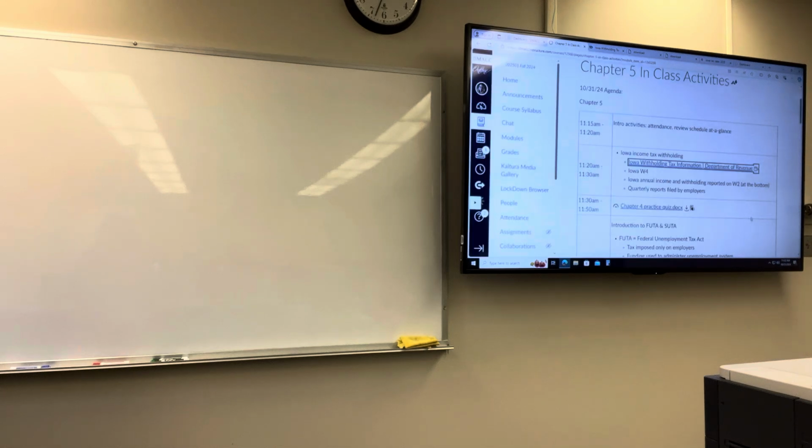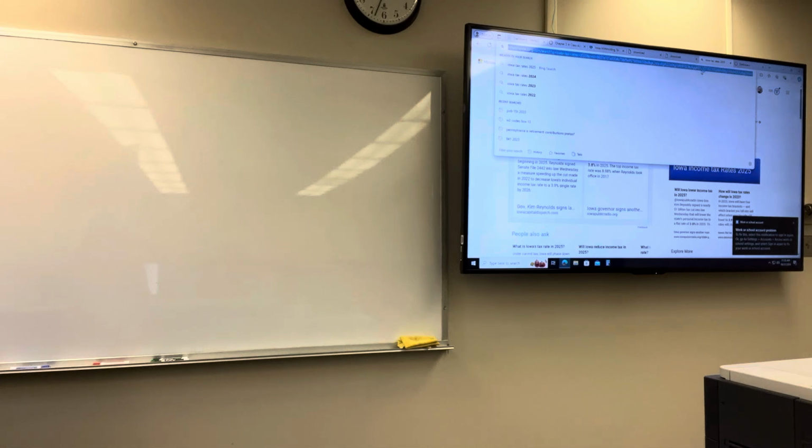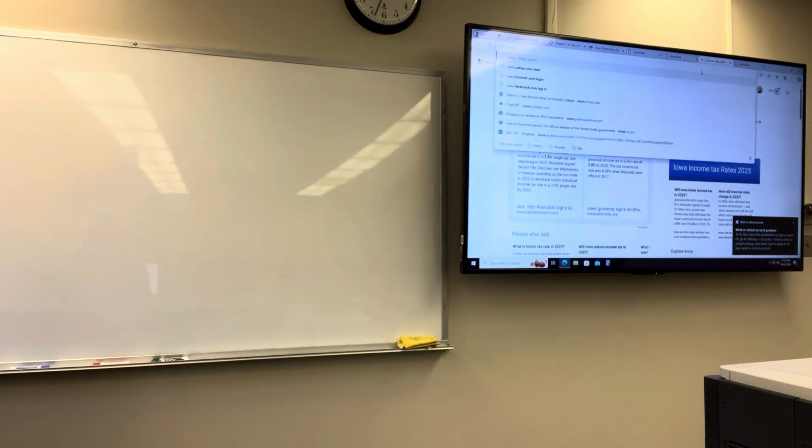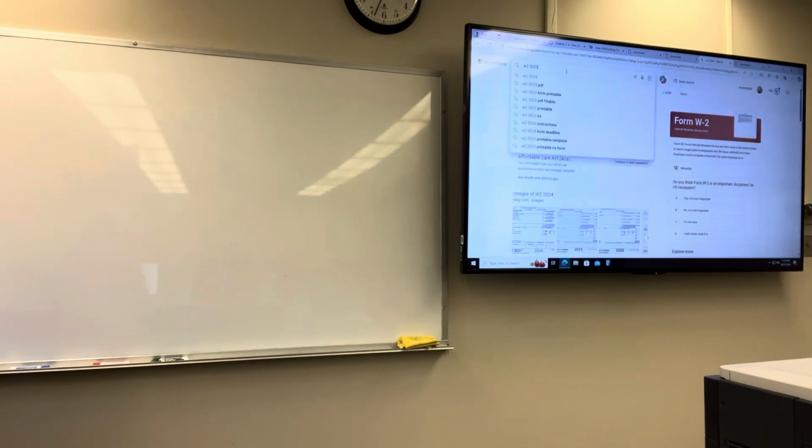Let's see. Just kind of a reminder, the W-2 form, remember we've got that information, the state information is at the bottom of the W-2 form. Well, I don't want W-2. Oh, we probably don't have a 2024 one out yet.